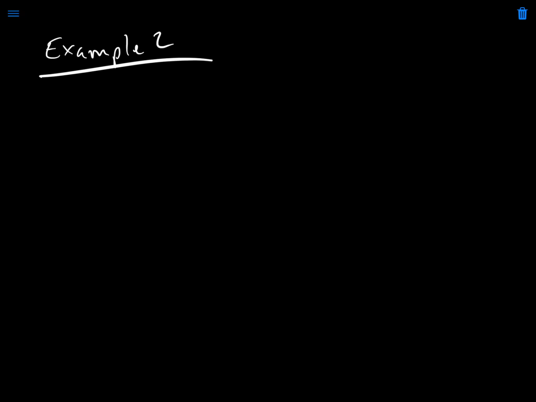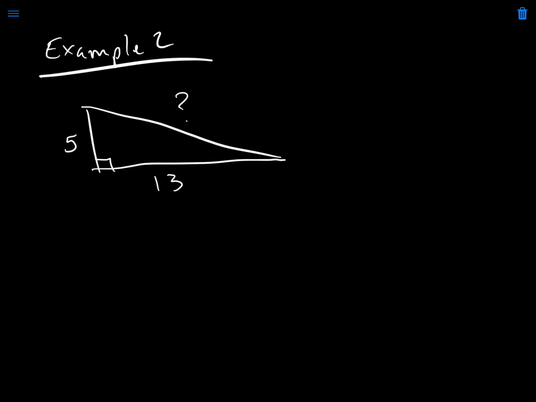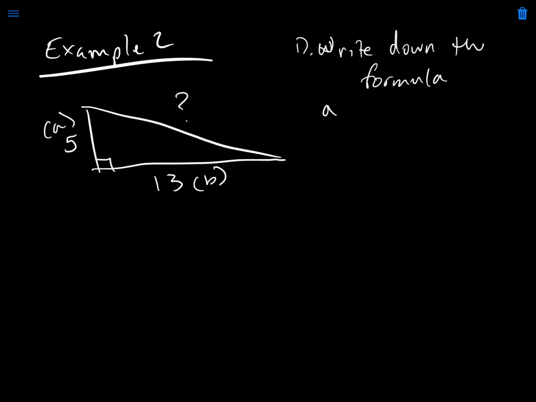So example 2 here, I'm going to do my triangle. I'm going to have 5 here, 13 here, and a question mark here. And now what I'm going to do, I'm going to do the first step. I'm going to write down my formula. So I'm going to have A here, B, so A squared plus B squared equals C squared.